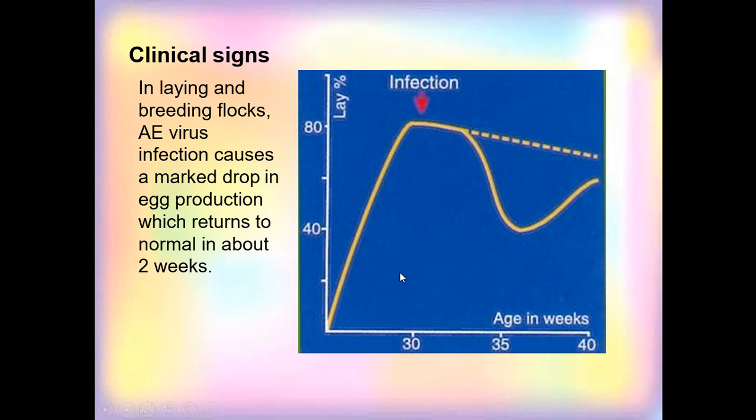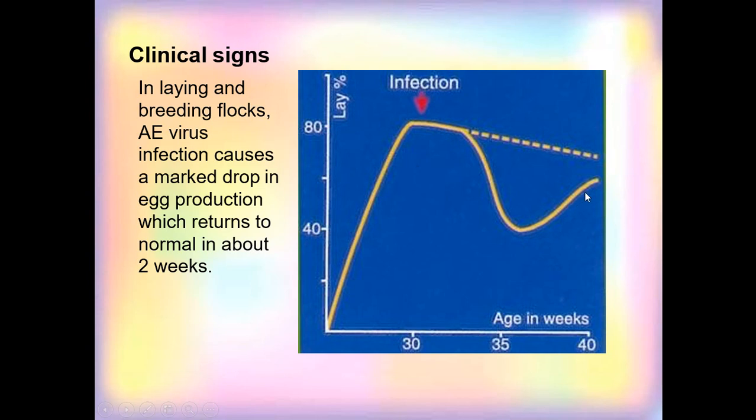Infection occurs at the age of around 30 days. It also causes a sudden drop in egg production, and then the egg production slowly increases again.